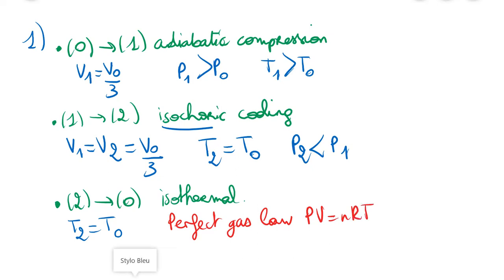So we are going to apply this to two states, the state 0 and the state 2. So for 0, it's going to be P0 V0 equal to nRT0. And for the state 2, it is P2 V2 equal to nRT2.